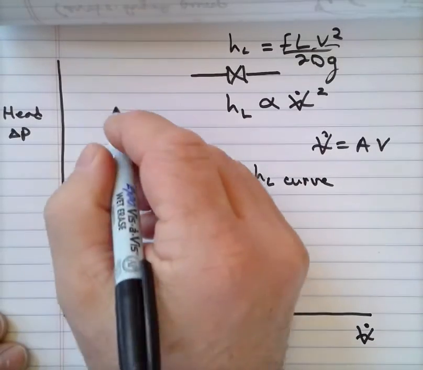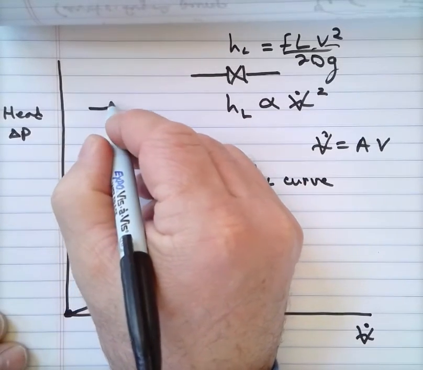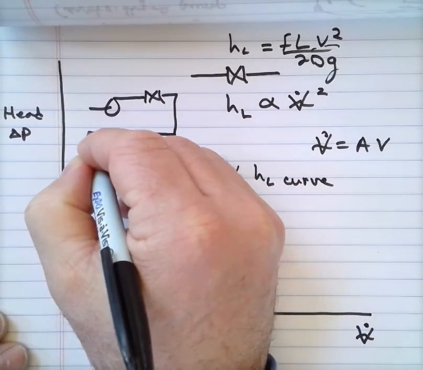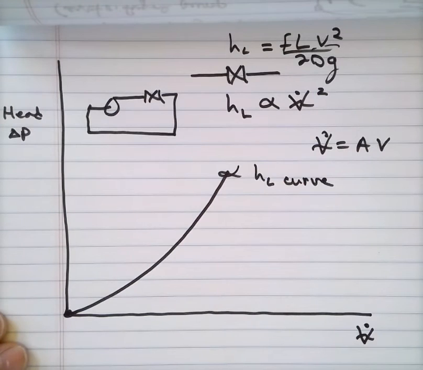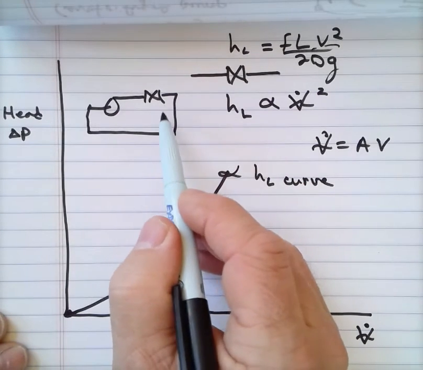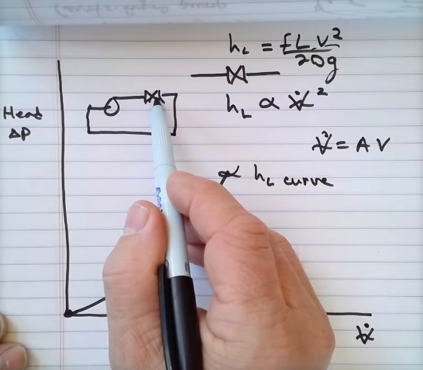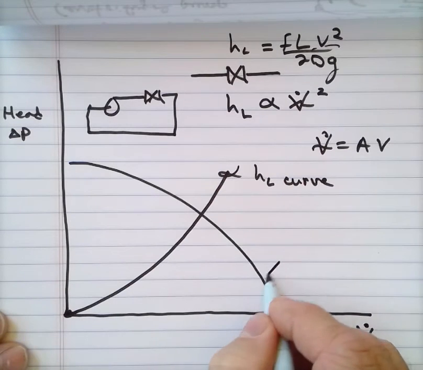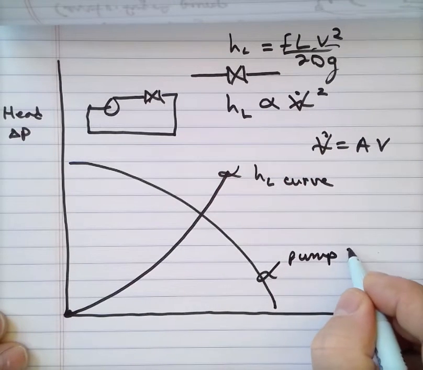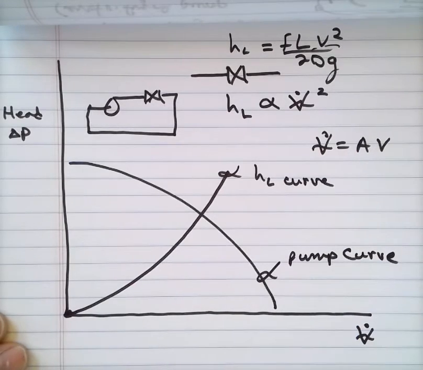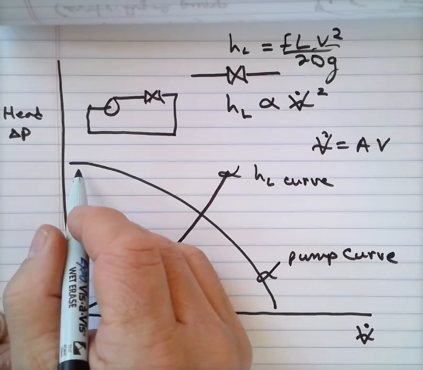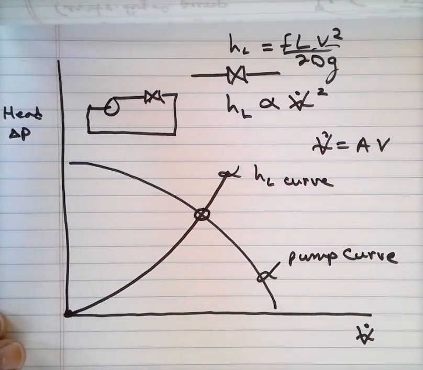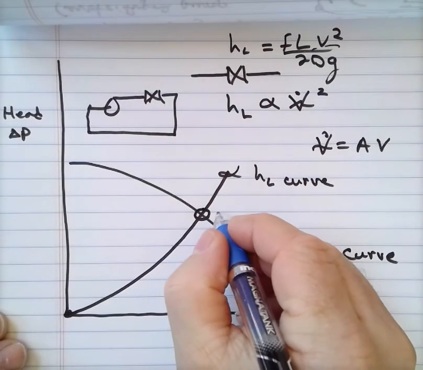So if we start out and have a system that has one pump and one valve, and it's a closed system, and we let all of the head loss of the system take place in this valve, and we got a pump curve from the manufacturer, where the pump curve crosses the head loss curve, we call that the operating point.